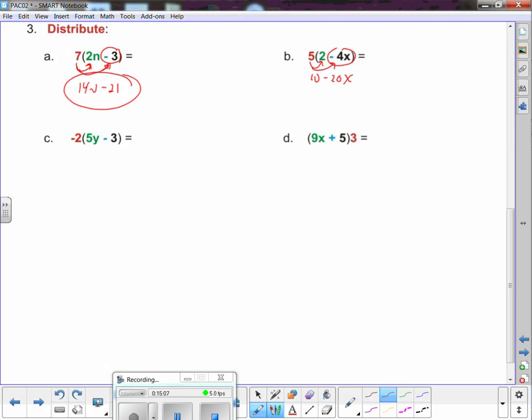That one's correct. Can we do 10 minus 20 as a negative 10 and get negative 10x? And the answer is no, because there's 10 numbers and negative 20 x's. Okay? It's like 10 peaches and negative 20 dominoes. Can't add them. They're not like terms.